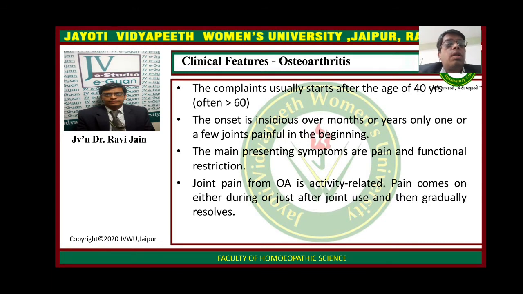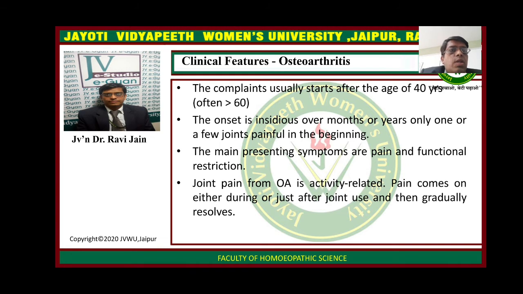Now we come to the clinical features of osteoarthritis. Whenever a patient of osteoarthritis comes to us, what are the clinical features with which the patient can present? The complaints usually start over the age of 40 years, often greater than 60 years.